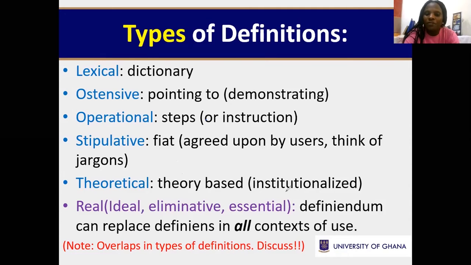So which types of definitions would we call real definitions? We find them mostly in mathematics, logic, some aspects of physics. Why? Because these are deductive studies. Their terms are closed. The words they use there are closed concepts. I'm taking you there in some few minutes. You can't have your own meaning of plus or your own meaning of minus.